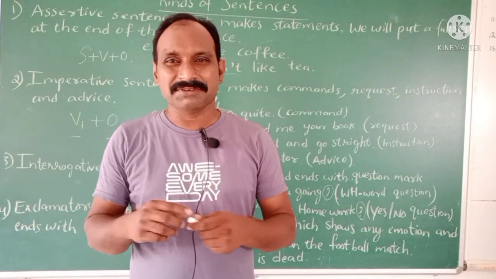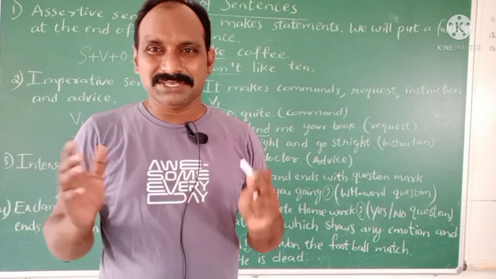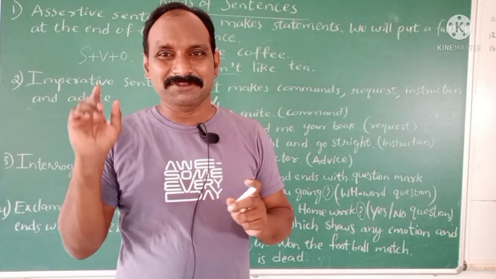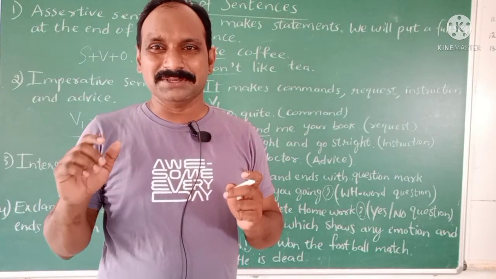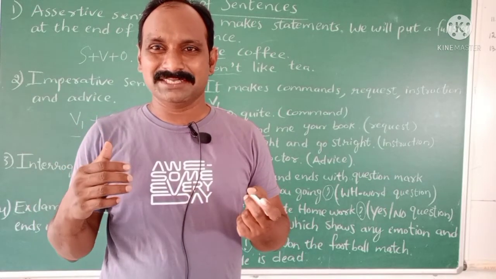Now let's have a quick review of what we have seen here. Assertive sentence structure is subject, verb and object, ending with a full stop. An imperative sentence makes commands, requests, instructions and advice.